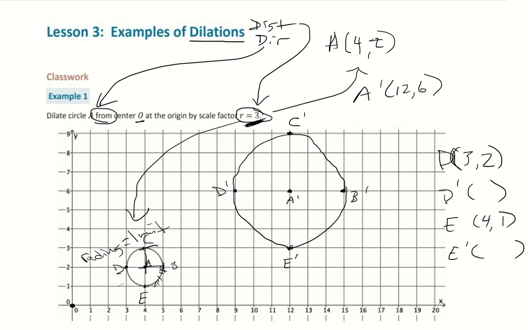And D prime is over 9 and up 6. And E prime is over 12 and up 3. We can prove that using a scale factor of 3. 3 times 3 is 9, 2 times 3 is 6, 4 times 3 is 12, and 1 times 3 is 3. We know for a fact that this is the correct answer here. Okay?